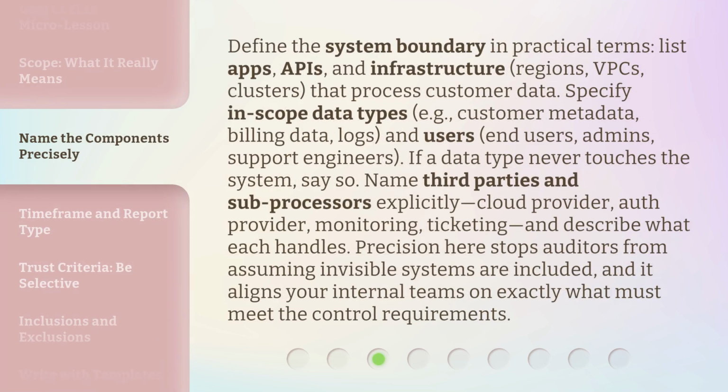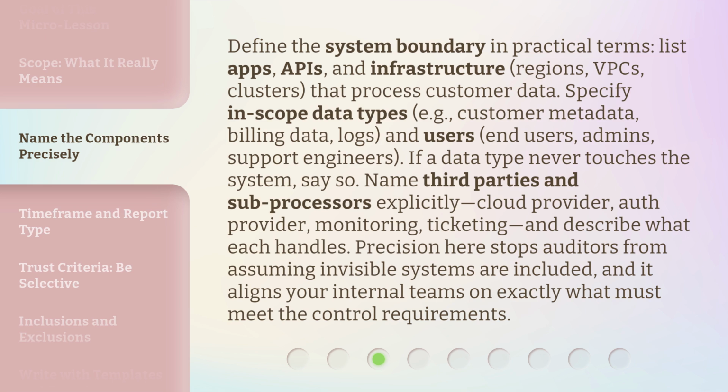Define the system boundary in practical terms. List apps, APIs, and infrastructure, regions, VPCs, clusters that process customer data. Specify in-scope data types, e.g., customer metadata, billing data, logs, and users. End users, admins, support engineers.